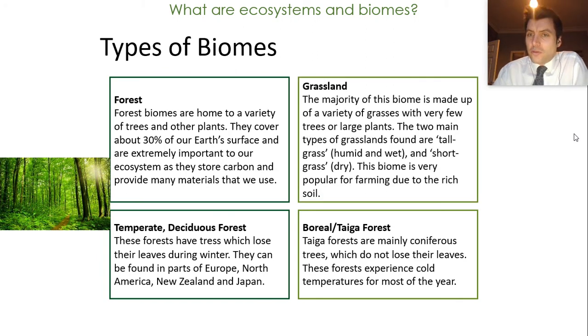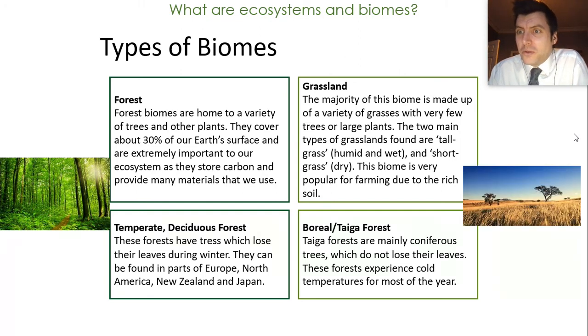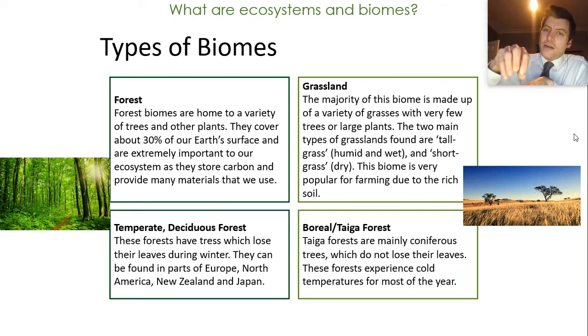We've also got the idea of grassland. When I was looking for pictures of grassland to illustrate this, the ones that basically come up are ones from Africa, ones that make me think of the Lion King, really. They make me think of this idea of huge grassland, with huge grass that grows because it's hot, humid and wet, rather than the short grass which is in quite dry places.